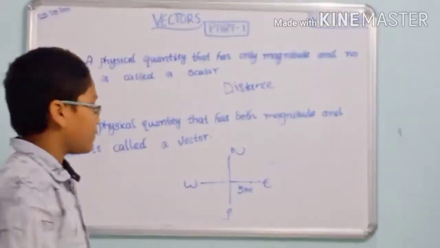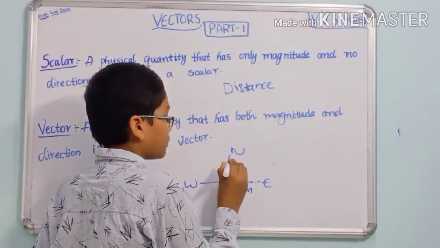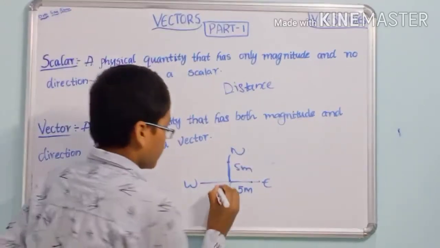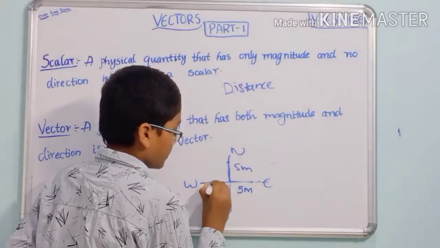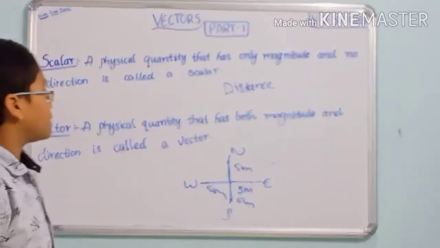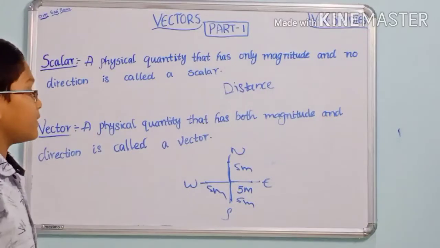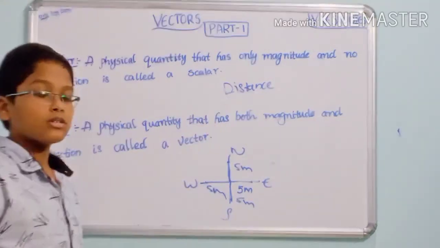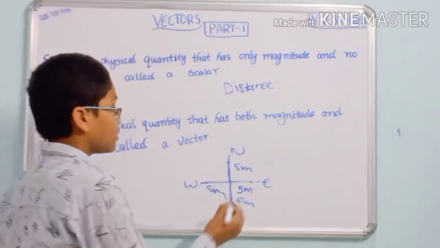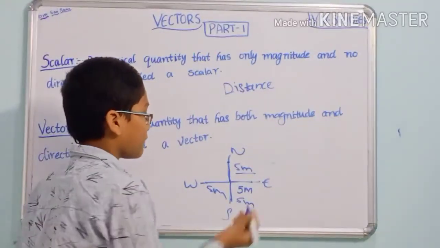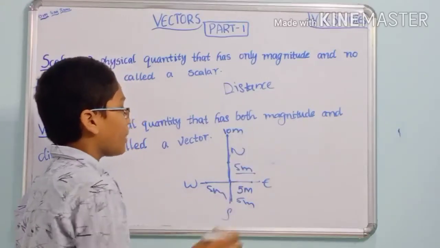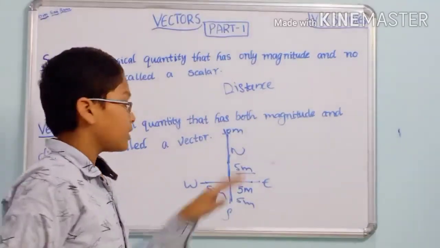If you travel 5 meters north, again I ask what is the distance, you will tell 5 meters. You travel west 5 meters, or south 5 meters. In whichever direction you travel, the magnitude, here 5 meters, is constant. Now if you travel 10 meters, the magnitude is changing.